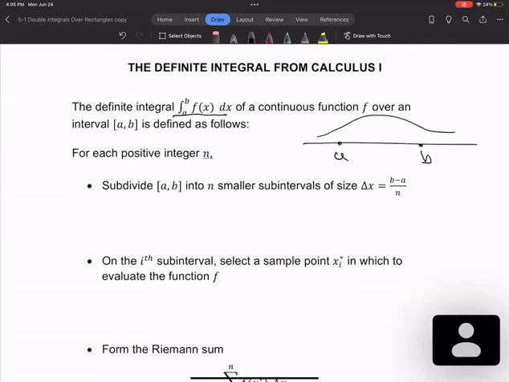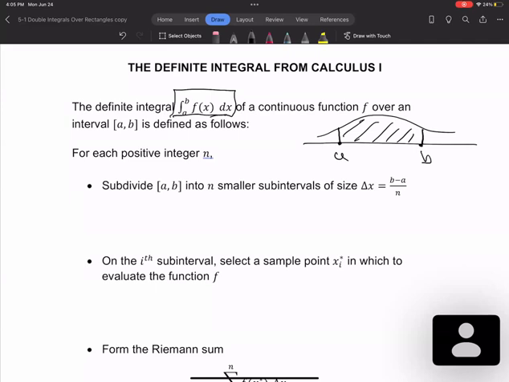So how do you find the area below it between a and b? That was what we called the integral between a and b of f of x. That was the idea of integration.